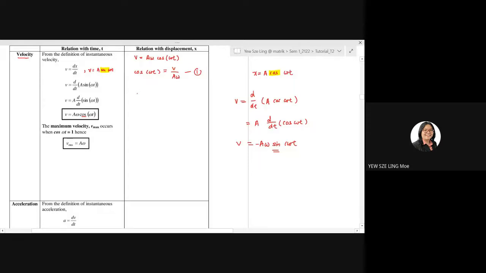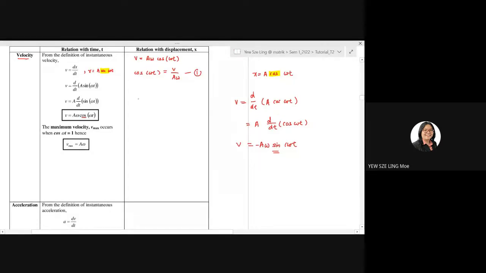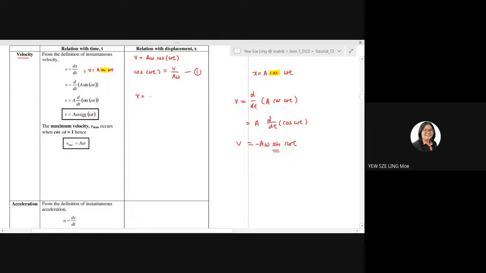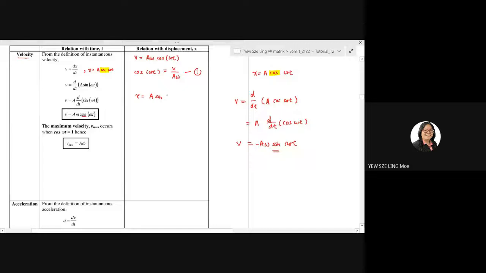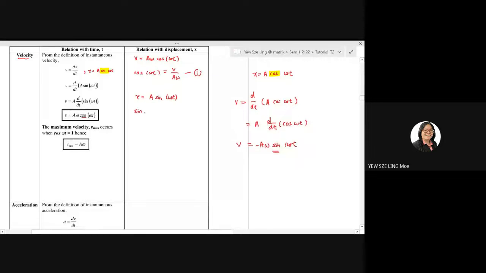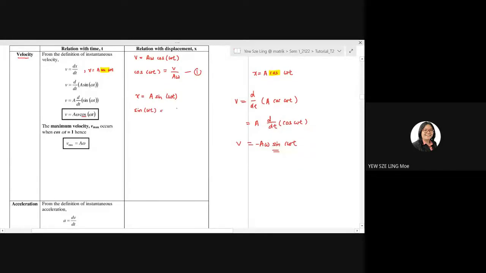Second equation, what I have is x equals to a sine omega t, right? And then I rearrange the equation. It becomes sine omega t equals to x over a.